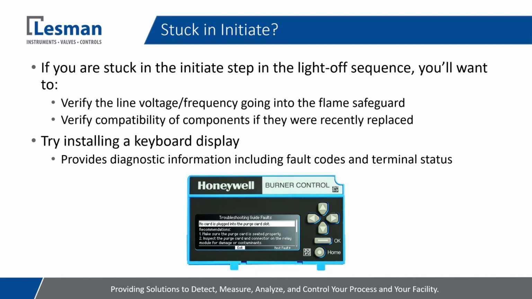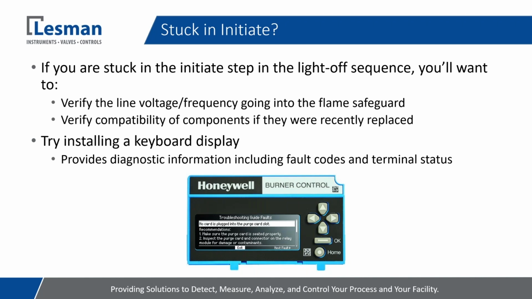The recycle behavior is used in certain applications where it's applicable to the code, but it requires the use of a 0.8 second flame amp card. And what we see all the time is that customers replace the flame safeguard, pull one off the shelf, put it in, and put their 3-second flame amp card back into the flame safeguard and then get a fault code 48 or 46 or something like that, where it says flame amp mismatch or some similar message.